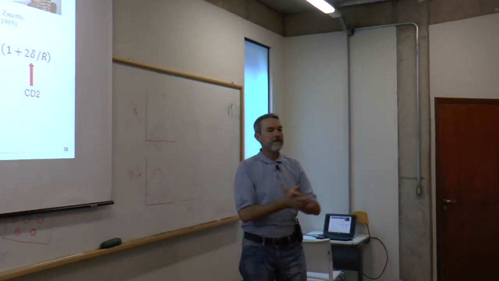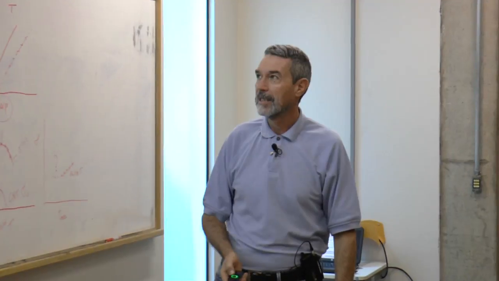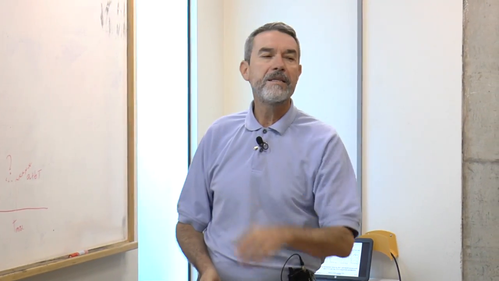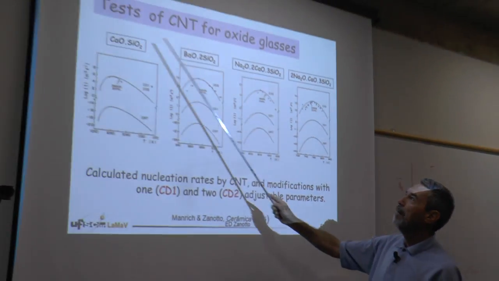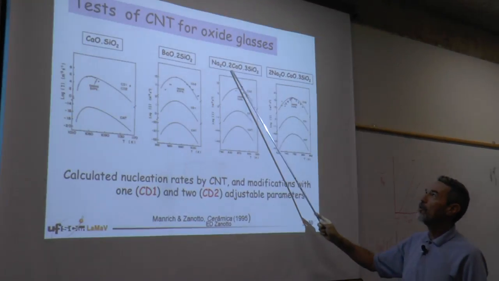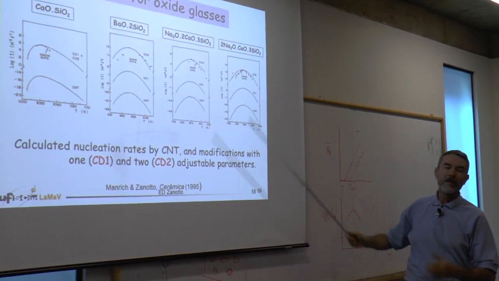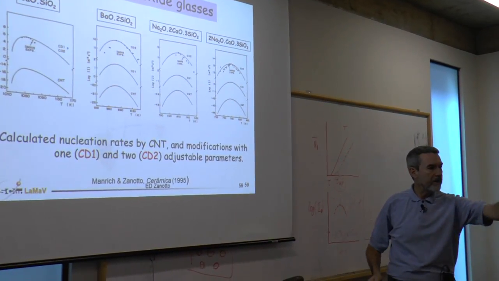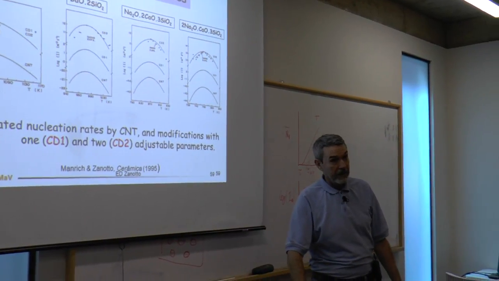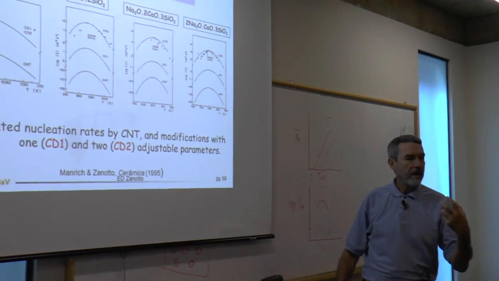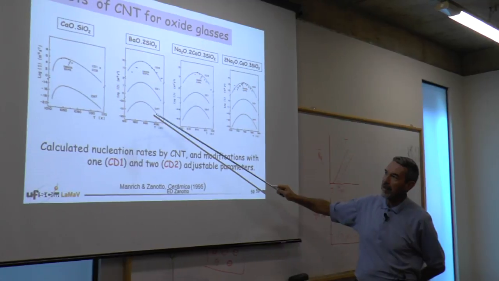To summarize all this story, take any system, the calcium metasilicate, barium disilicate, the soda lime silica, lithium disilicate, all the systems that you have adopted for your homework, we tested, and the result is always the same.